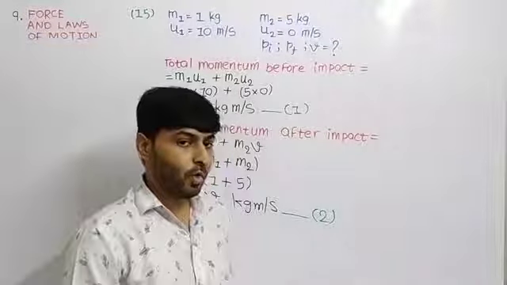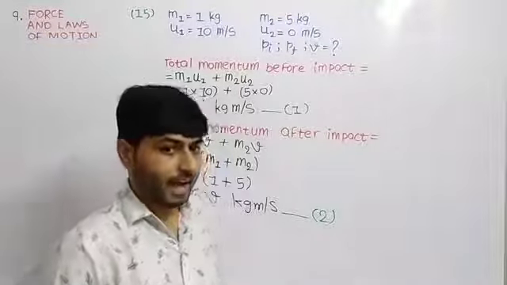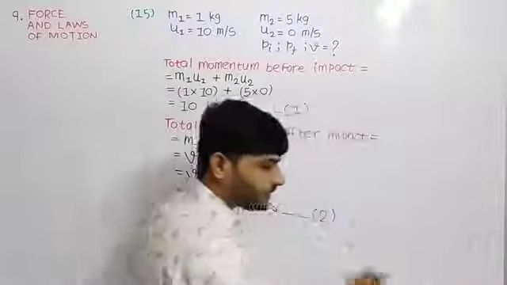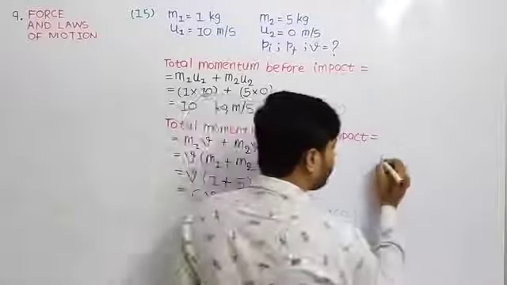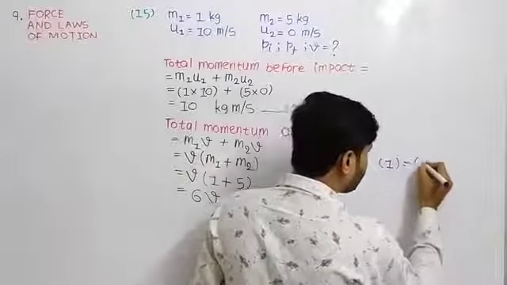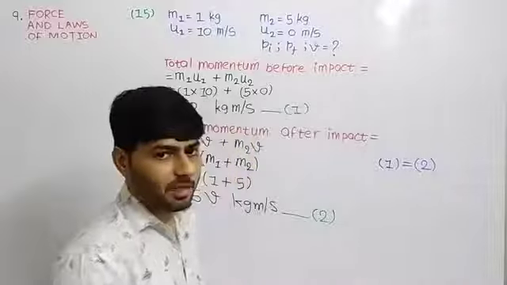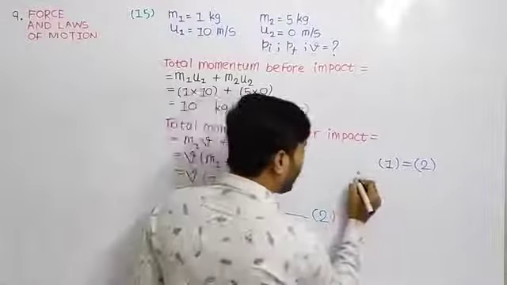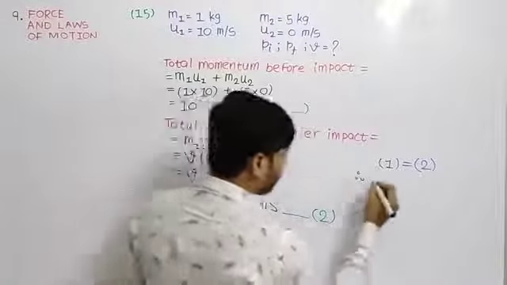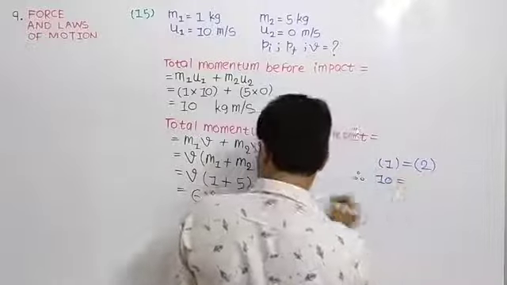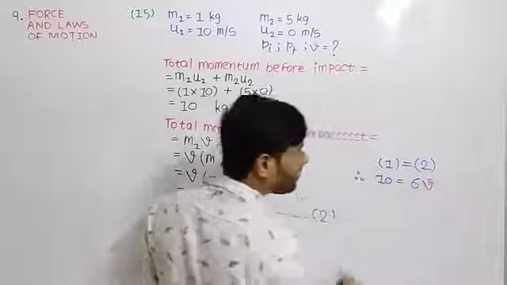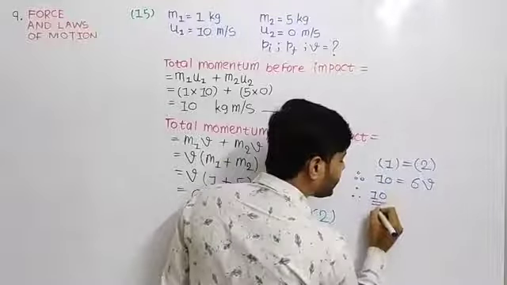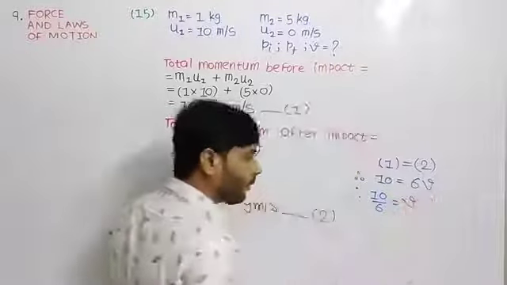Now by law of conservation of momentum, we will have equation number 1 equal to equation number 2, or say result 1 is equal to result 2. So I have 10 is equal to 6v. Therefore I have 10 by 6 is equal to v.